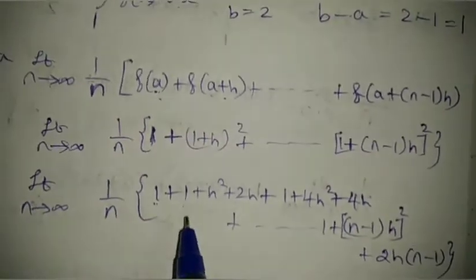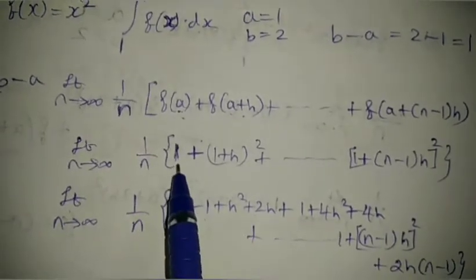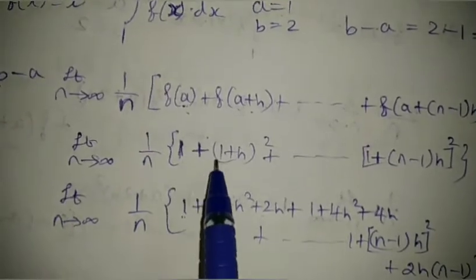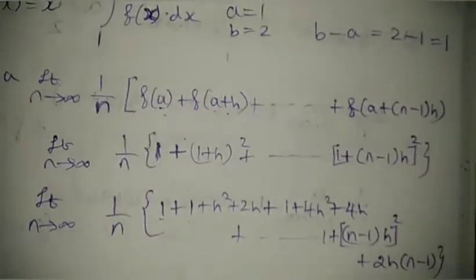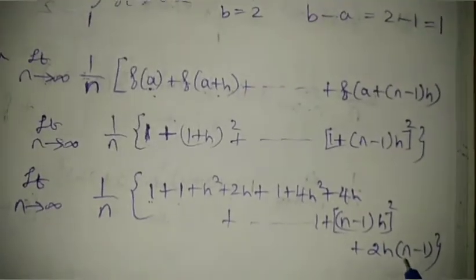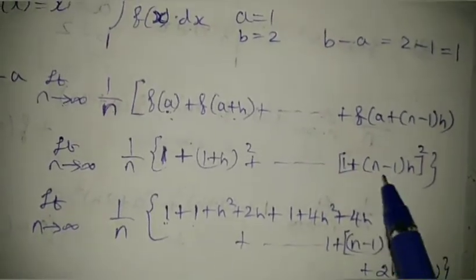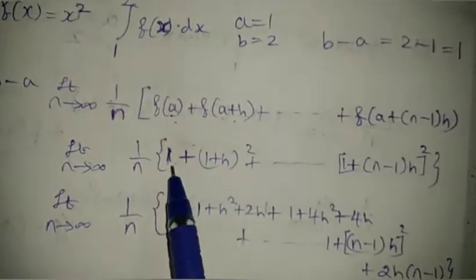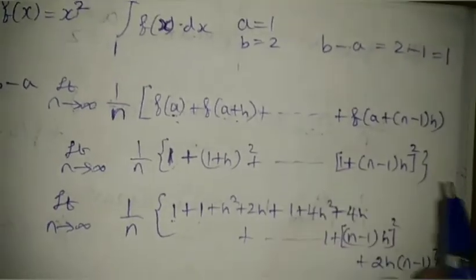See, here we are starting from 1 plus only 1, correct? You can assume it as 1 plus 0h. Okay, you can consider it like that, or else don't get confused. Just substitute a value for n, suppose 3. If n is 3, then 3 minus 1 is 2, so 1 plus 2h the whole square, which means totally 3 terms are there: 1 plus h whole square, 1 plus 2h the whole square, and the first one. 3 terms, so n is 3.